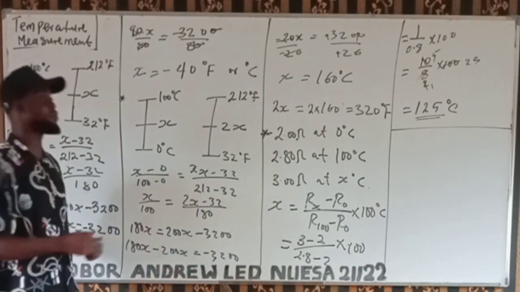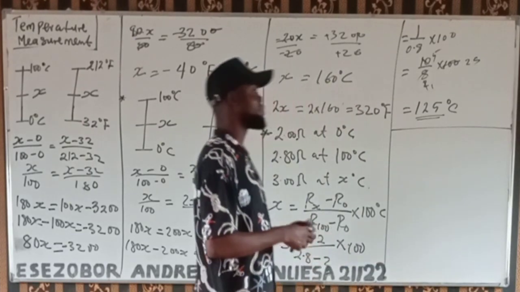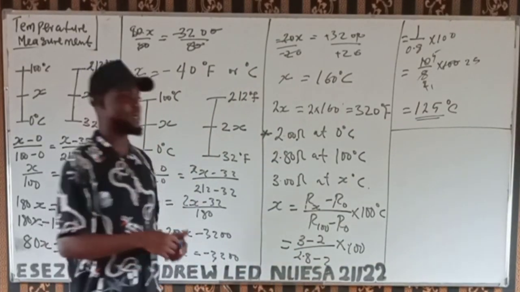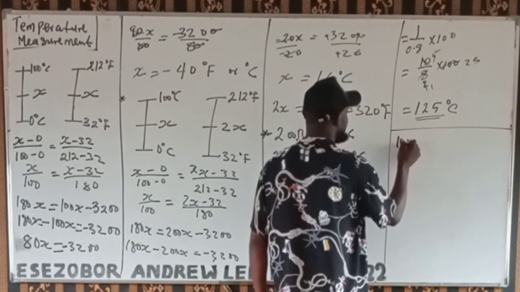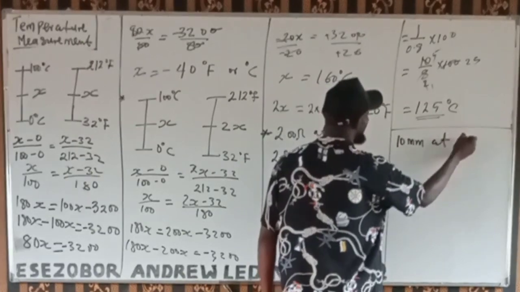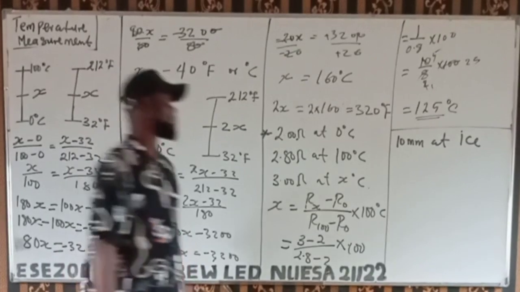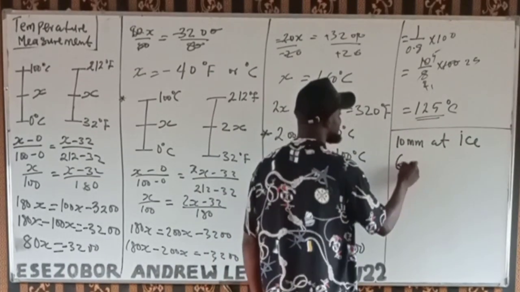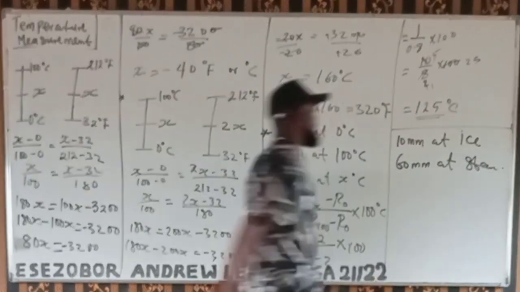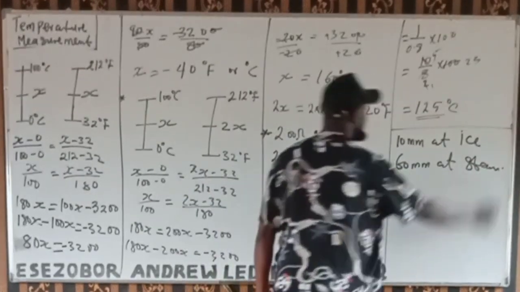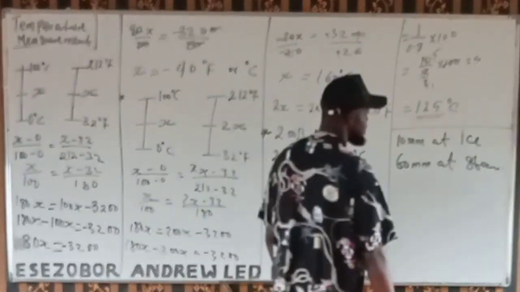Let's say the length of mercury in a mercury-in-glass thermometer is 10 millimeters at ice point and 60 millimeters at steam point.